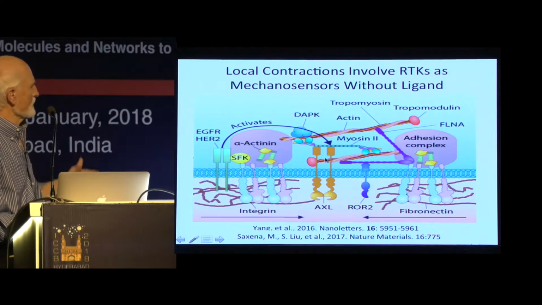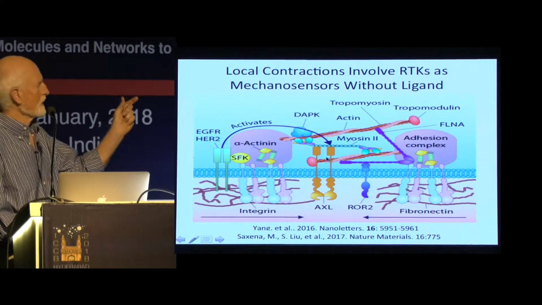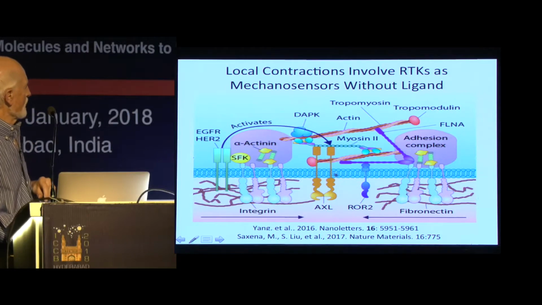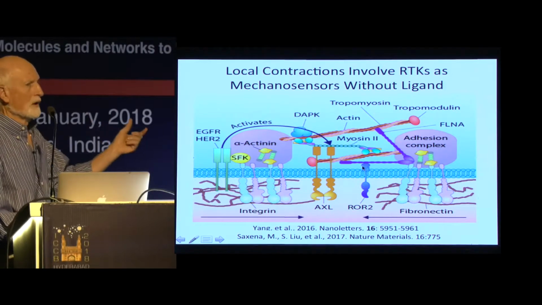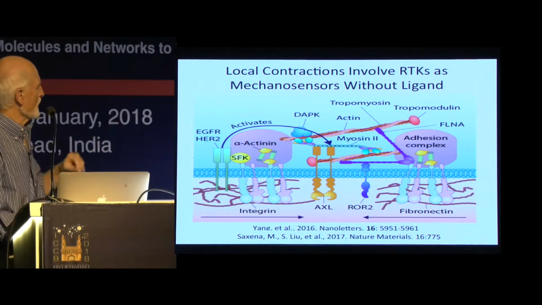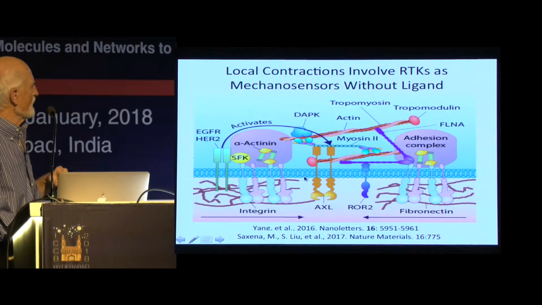The AXL sets the length of the contraction. ROR2, another receptor tyrosine kinase, sets the length of contraction. It binds filamin A. AXL binds to myosin in the middle of the myosin filament and to tropomyosin.